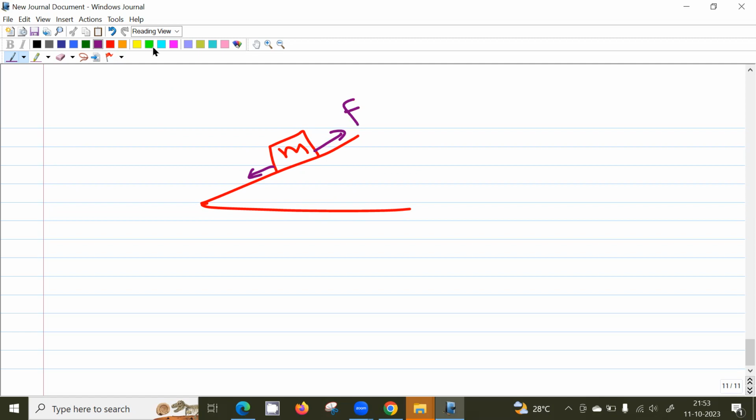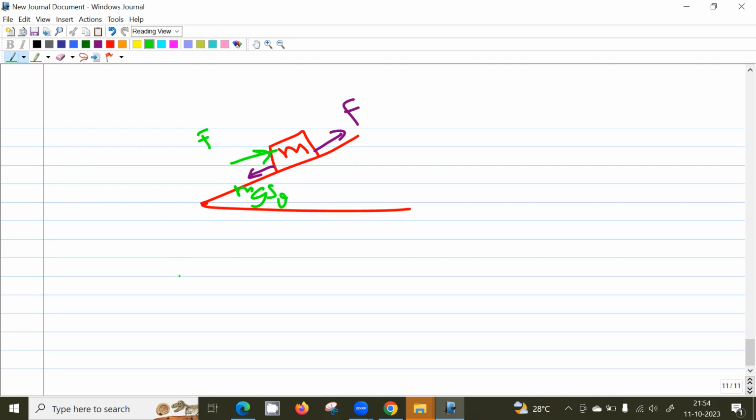But suppose I had an external force applied in this direction, F. So here there are two forces, right? One is mg sin theta, the weight component, which is pulling it down.